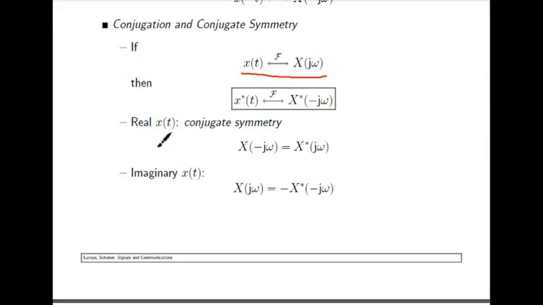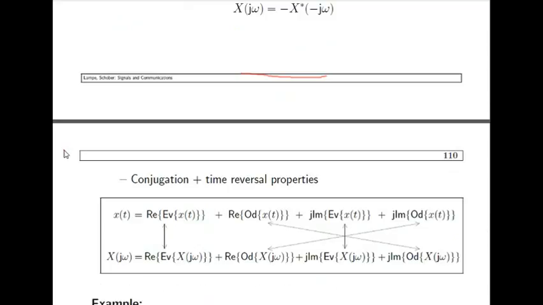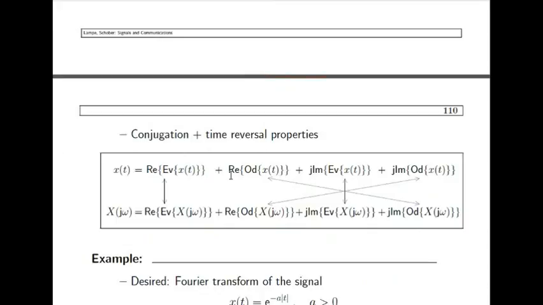So if x(t) is real, then X(−jω) will be equal to X*(jω), and if it is imaginary, then X(jω) will be equal to −X*(−jω). This is similar to the table which I told you in the Fourier series, just exactly as it was in the Fourier series.